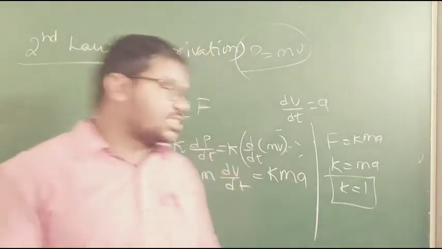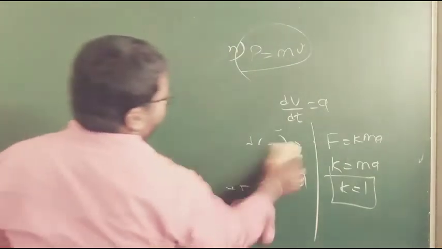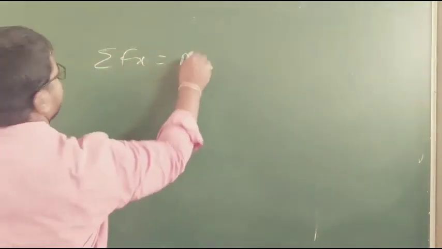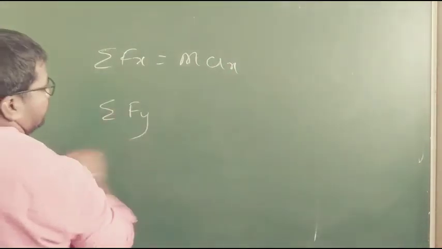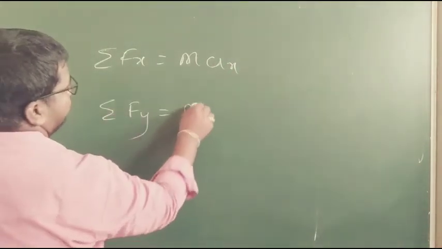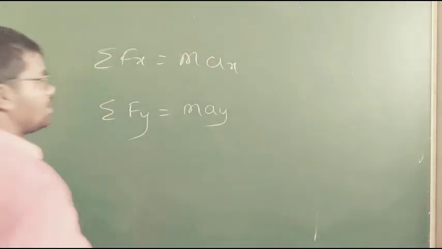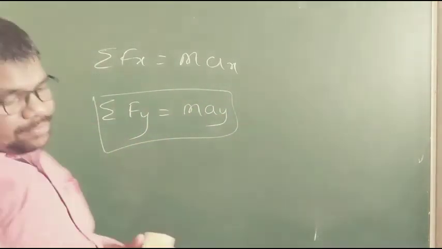And this gives a very important result: the sum of all forces acting along the x-axis is equal to mass into acceleration along x, and the sum of all forces acting along the y direction is equal to mass into acceleration along y. Which is very important.